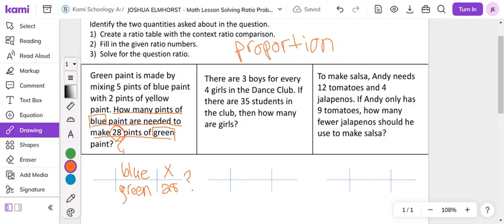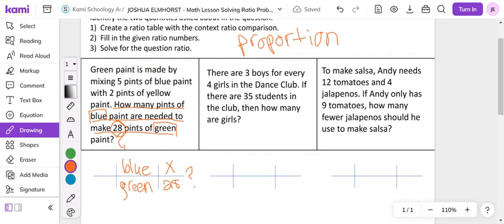So now we go back to the given context information, and it says we have 5 pints of blue and then 2 pints of yellow. Well, yellow is not in the actual question, but yellow is what we need to make the green. So we look at the given context. We have 5 blue, and some students are going to put 2 down here, just because they see 5, they see 2.